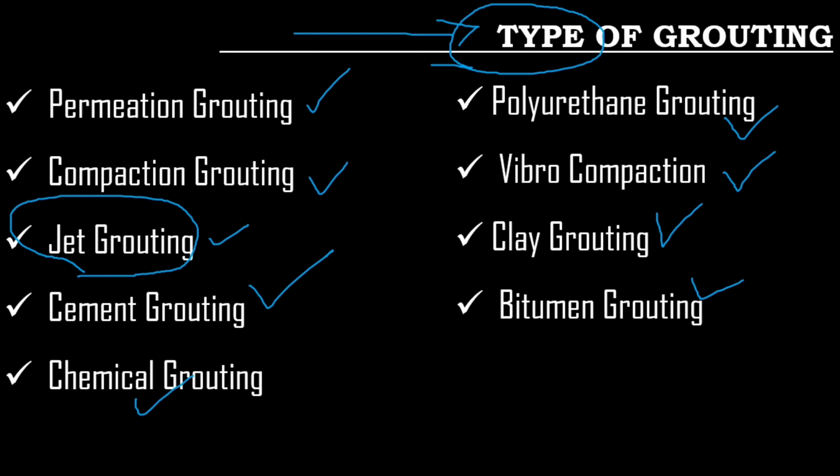For example, if I go with jet grouting, I choose the repair method. If I go with vibrocompaction grouting, how can vibrocompaction be fulfilled? Then I choose the chemical method. With the help of the chemical method, I complete vibrocompaction grouting. Are you getting my point clearly? It is represented this way.